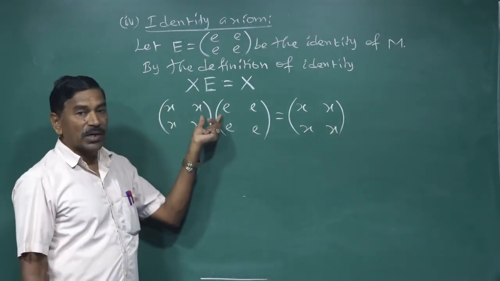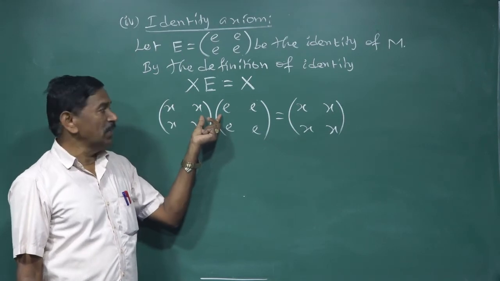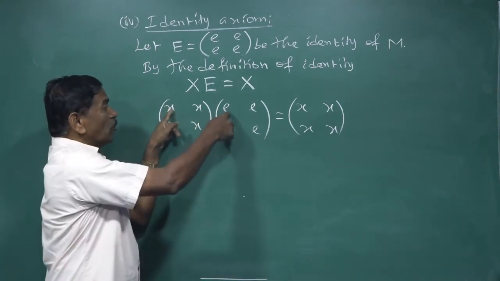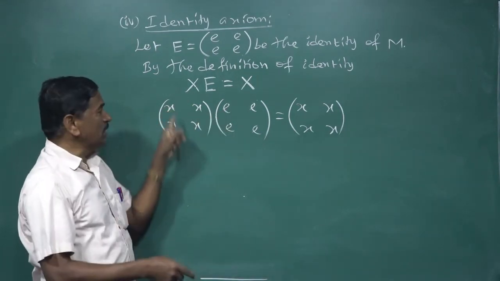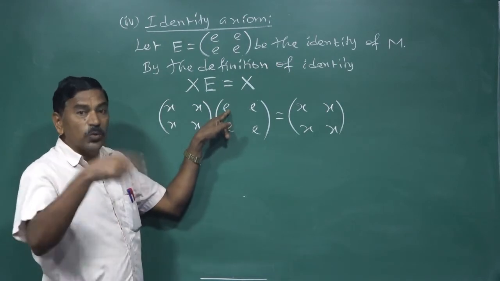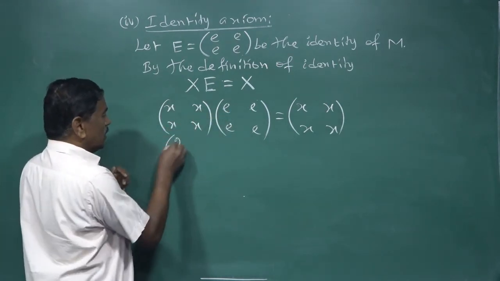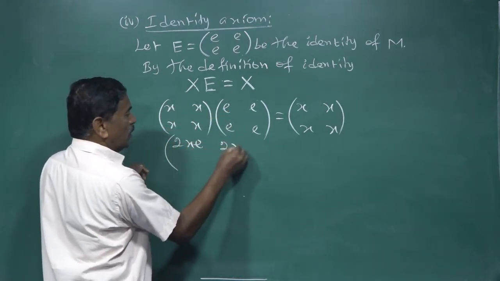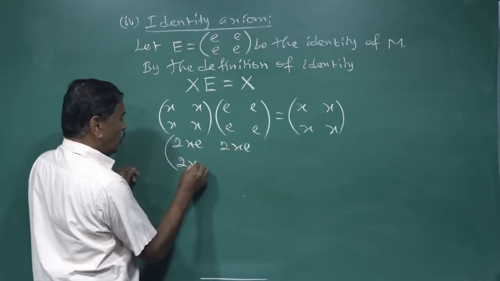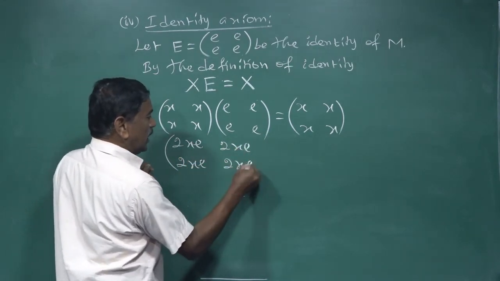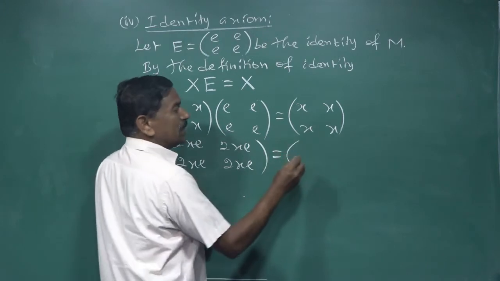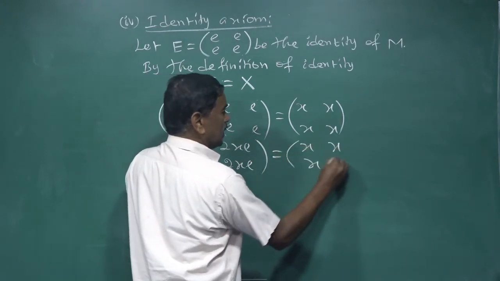Now, what is the product on the left hand side? For example, X into Y is equal to 2xy. Likewise, X into E is equal to 2xe in every entry, which is equal to x.